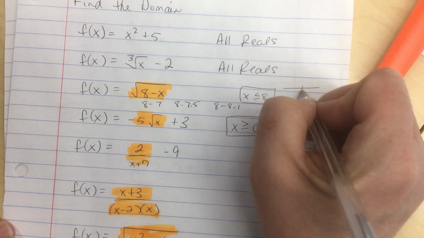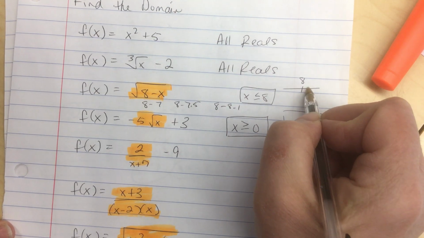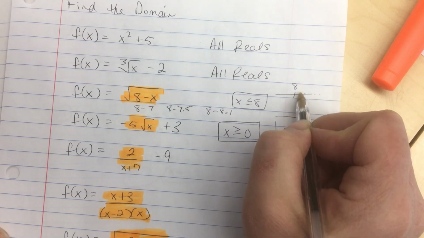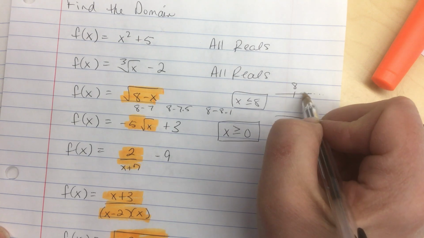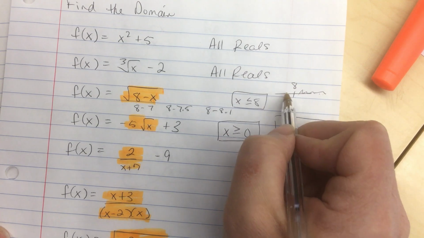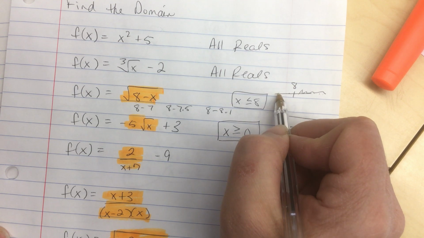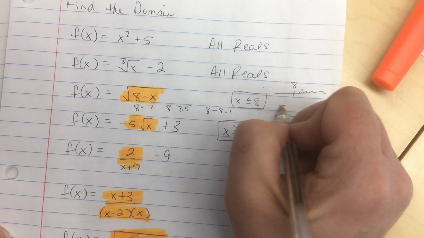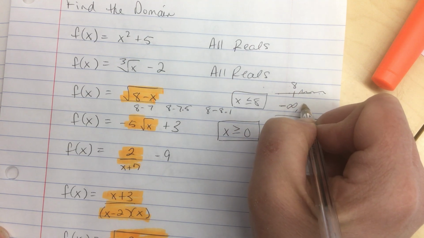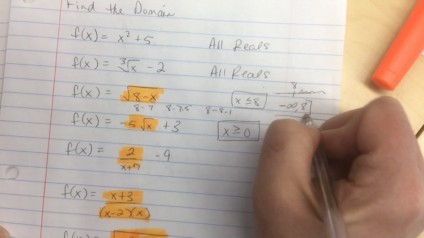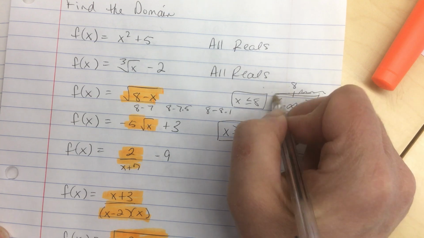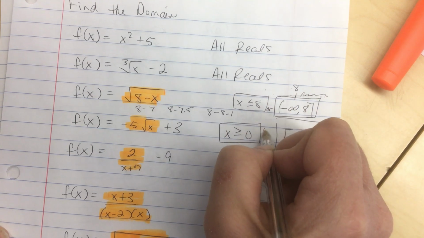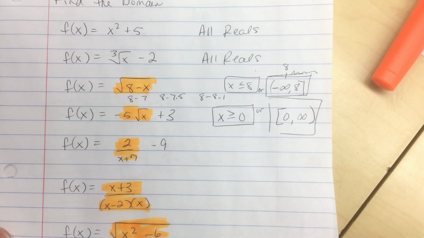If you picture a number line, anything bigger than 8 is going to give me a negative. 8 minus 9, 8 minus 10, 8 minus 20. So I can't use any of these. 8 minus 7.9, 8 minus 0, 8 minus a negative 2. Those all work. So you also could represent it as negative infinity to 8 with a bracket. It doesn't matter to me how you represent this.